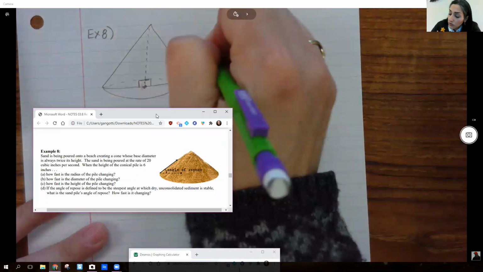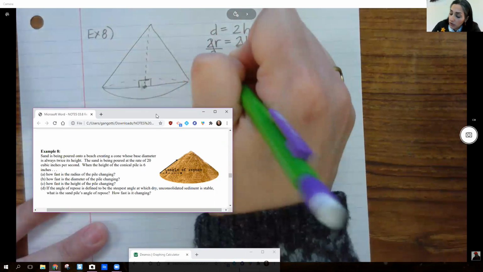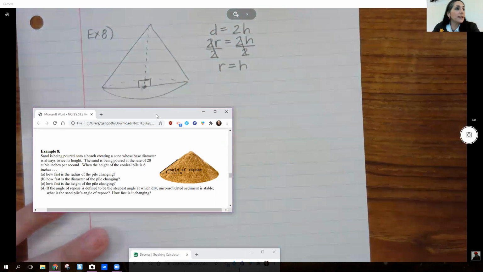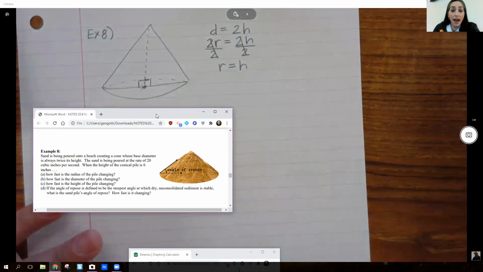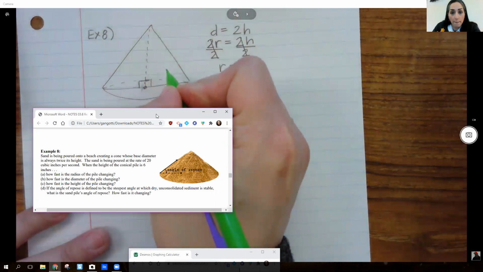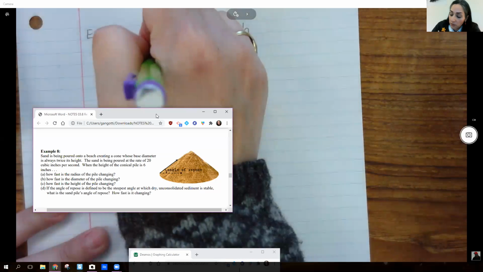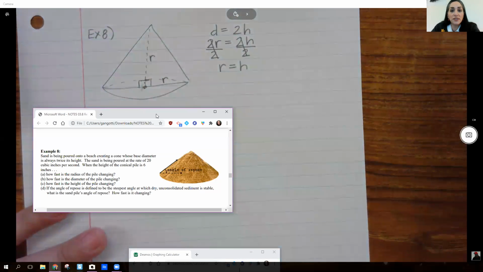So if 2r equals 2h, that means that when you divide these by 2, the radius is always going to equal the height. So by them telling you that the base diameter is always twice the height, they're really just telling you that the radius and the height are always going to be the same. So if I put an R down here, this is also going to be R every single time, okay, for this particular problem.